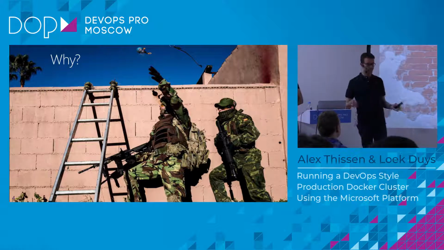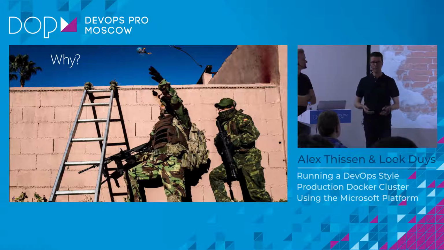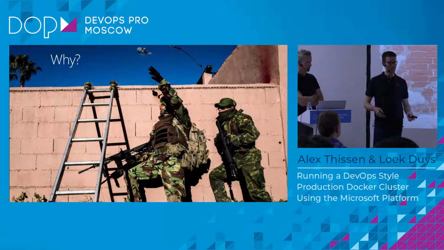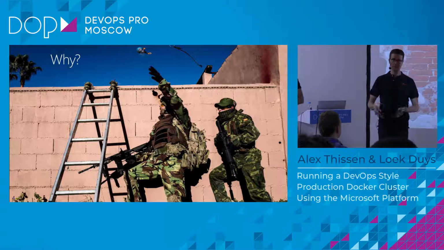Well, we put dev and ops together in order to make them work more efficiently together. So instead of taking your software as a developer and throwing it over the proverbial wall, you now put dev and ops together so they can work together efficiently, and the job of the developer is not done as soon as he's done coding, but the job of the team is done as soon as the software runs in production.